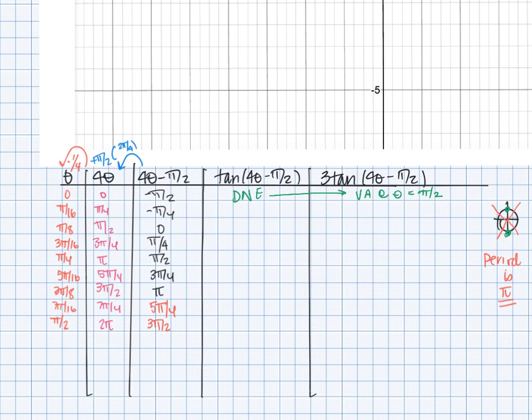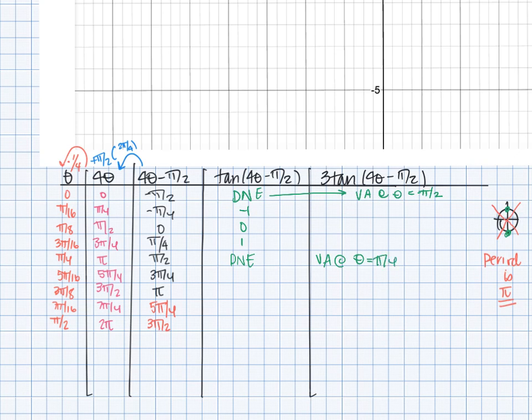Negative pi over 4. We have a value of negative 1, 0, 1. Then at pi over 2, we have a value of does not exist. So we have a vertical asymptote at theta equals pi over 4.